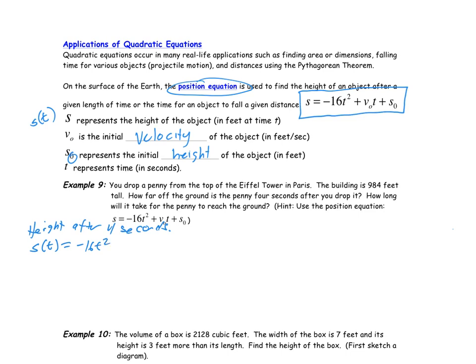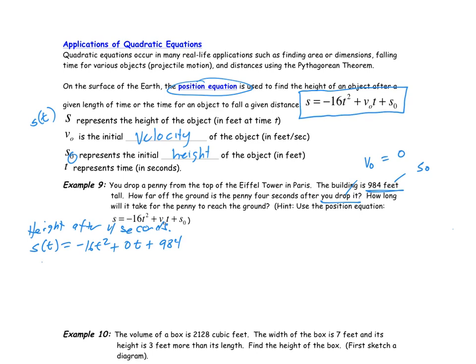Now we need to know what the initial velocity is. Since we're dropping the penny, the initial velocity is 0, so we'll have plus 0t. Then we know the initial height is 984 feet. This is S naught, so I'm going to substitute that into the position equation. So we have plus 984.